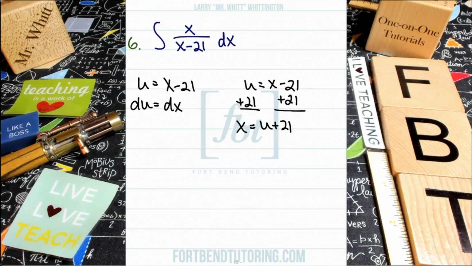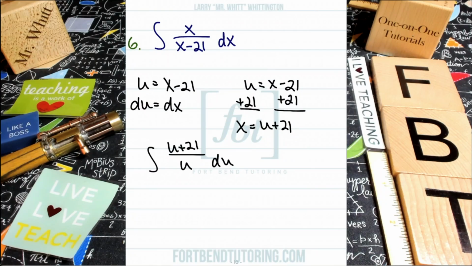So what we'll do now is the following. We're going to now substitute in the values that we just found. What do I mean by that? Looking back at our original integral, you'll have the integral of x, which we know is u plus 21, divided by x minus 21, which we know is u, du.